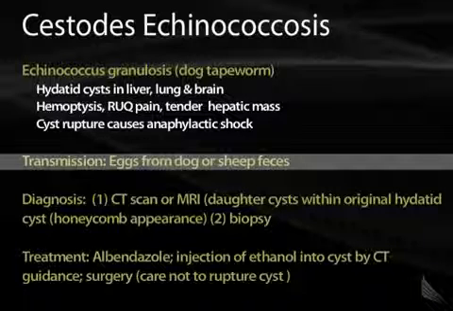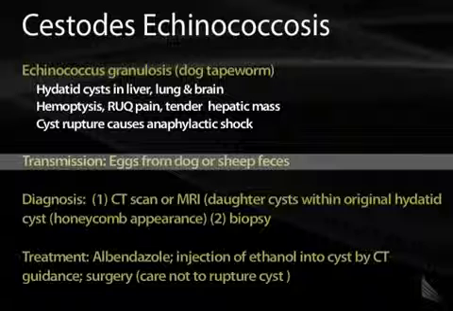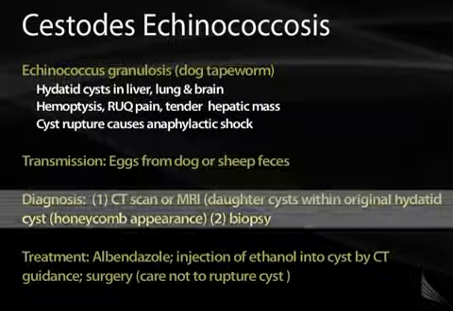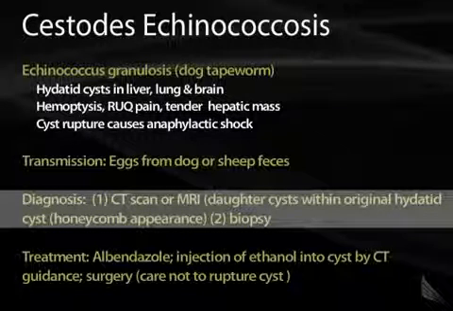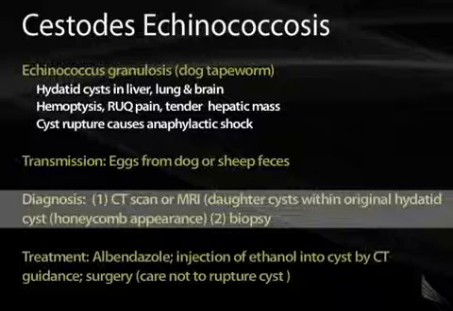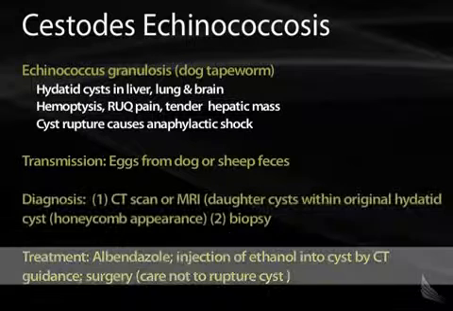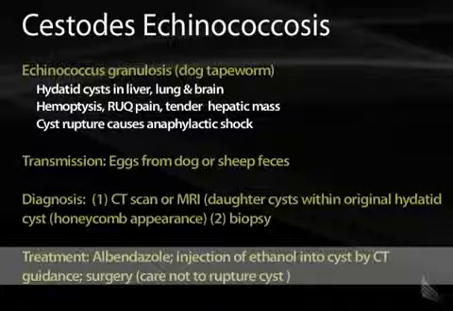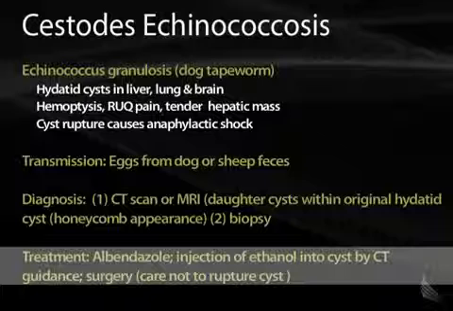It lives in the dog, passes through its feces, and then we eat contaminated food. Diagnosis is based on CT or MRI scan, where we see the daughter cysts within the original hydatid cyst, and that's a honeycomb appearance, or we can get it through biopsy. You'll treat echinococcosis with albendazole, injections of ethanol into the cyst by CT guidance, or you can do surgery, but you don't want to rupture the cyst. Again, you'll cause anaphylactic shock.